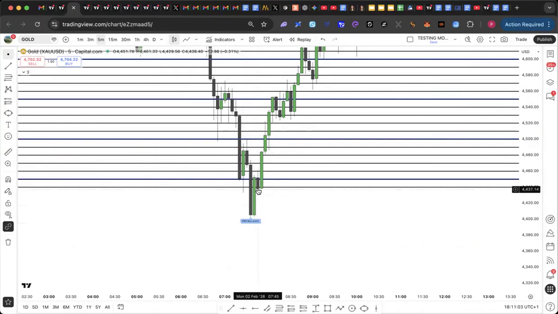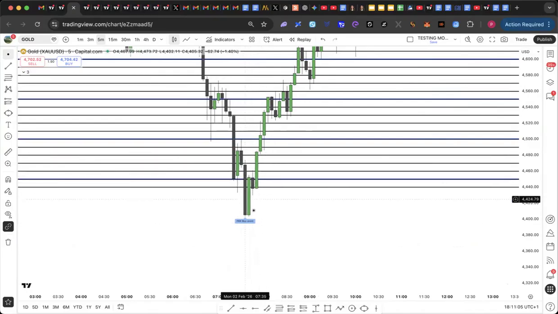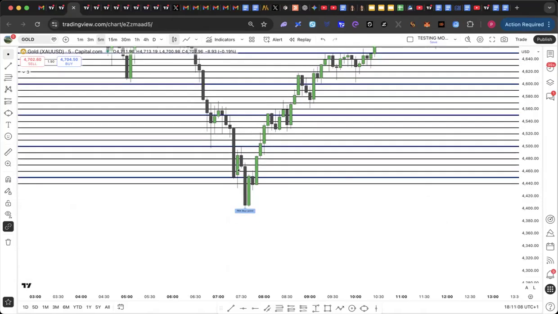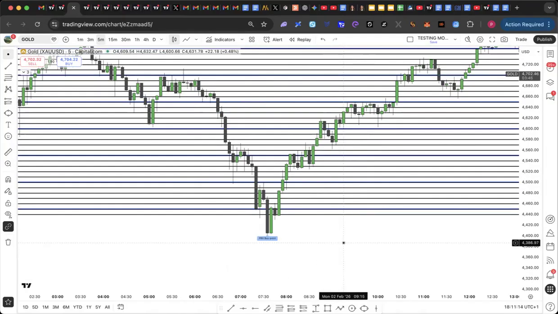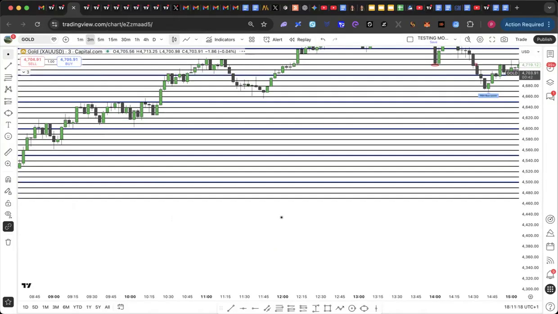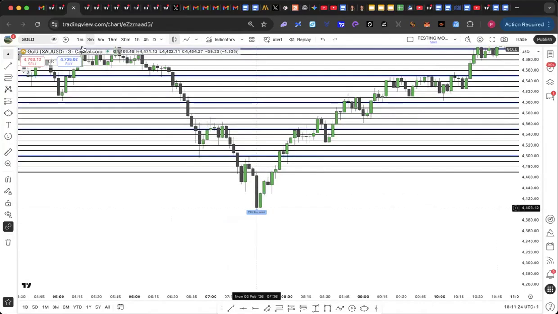But I'm not comfortable with this trade. Of course, the trade was massive. It bounced because it came to an area which you may not know. I will go to 3 minutes first to see if I can find a better setup. Now, on 3 minutes, is this similar? I will go to 1 minute.